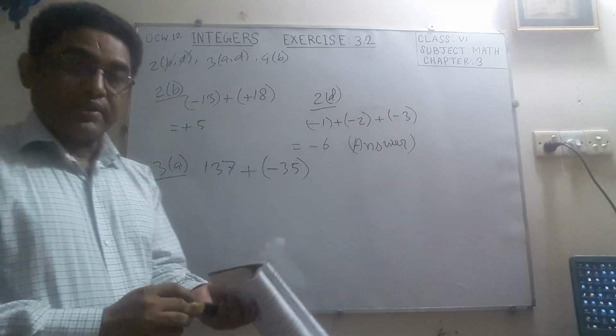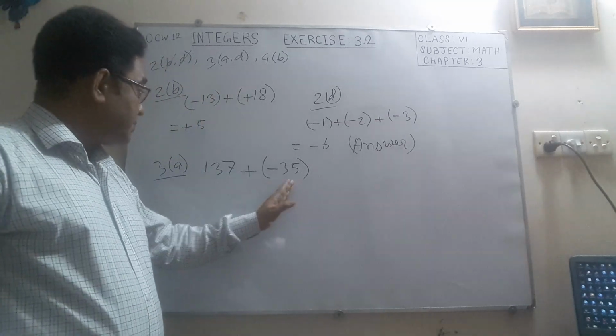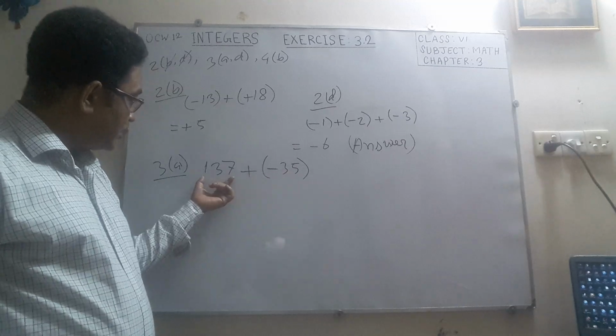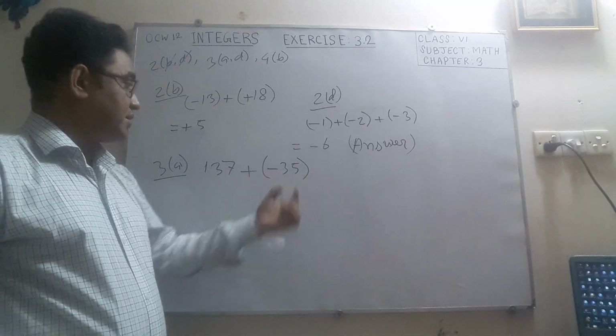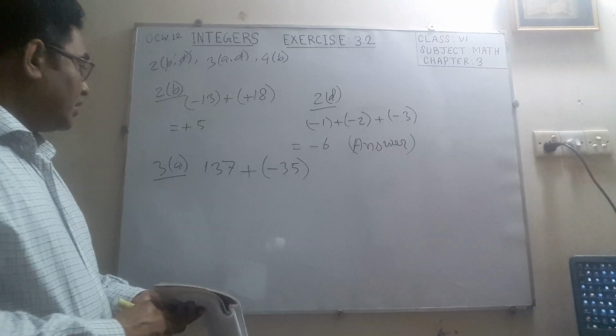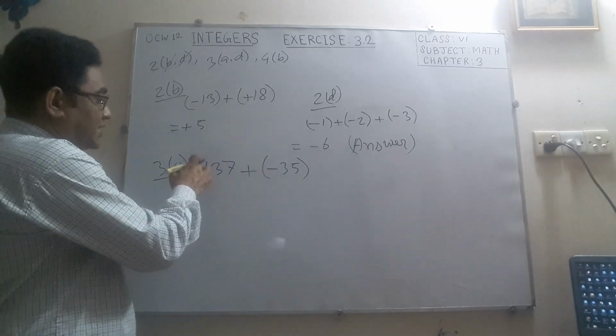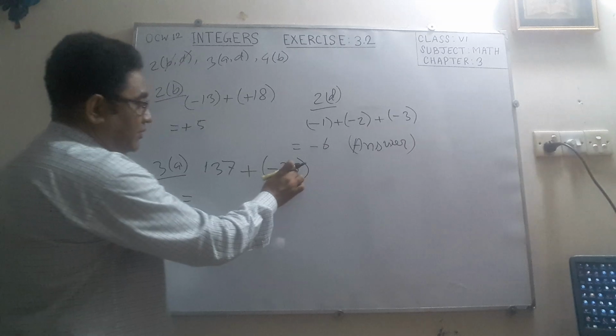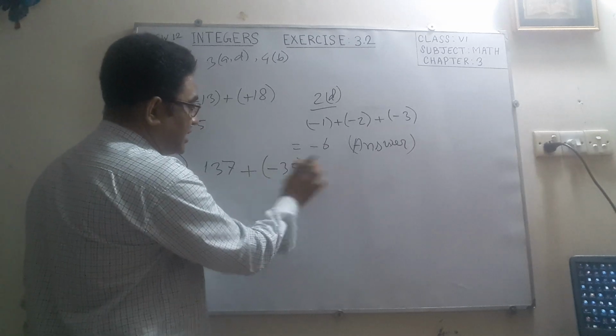So this is the mathematical expression. Add 137 and minus 35, that means 137 plus minus 35. So here is no sign, that means what is the sign here? Plus.